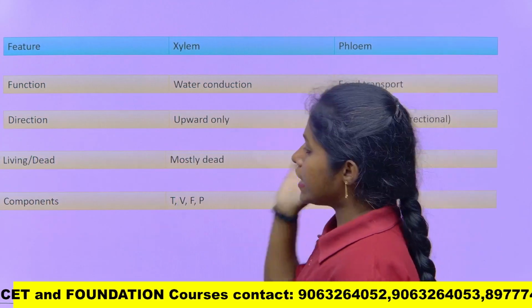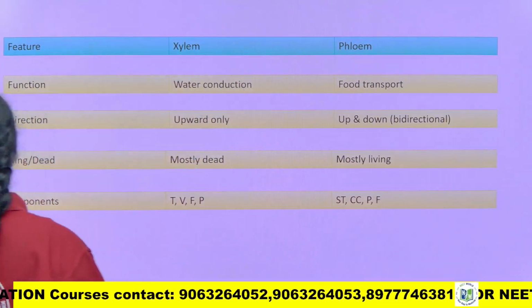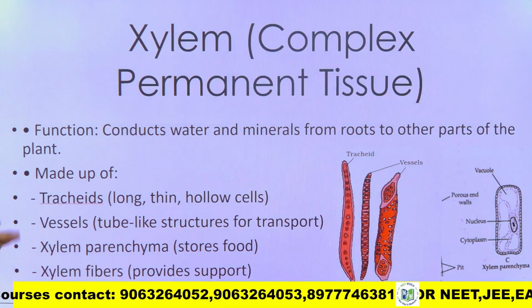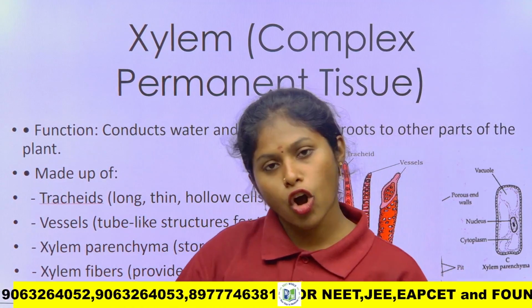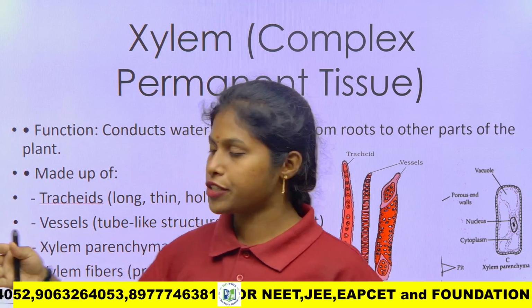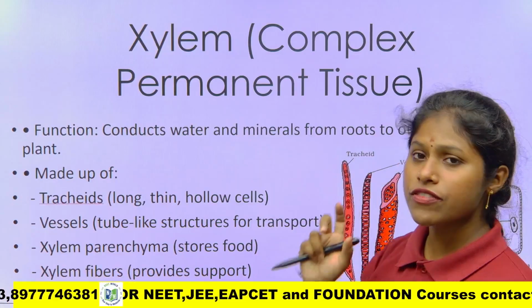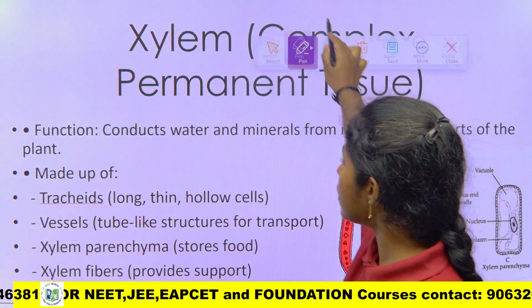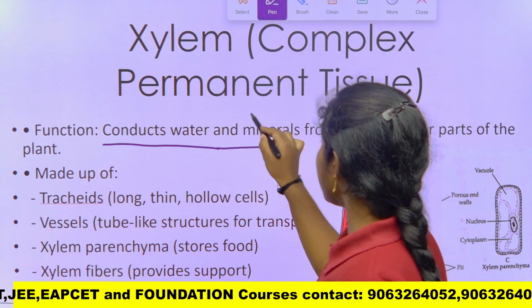So, let us discuss the xylem, children. Is the xylem a simple permanent tissue or a complex permanent tissue? It is a complex permanent tissue. They are made up of many kinds of cells. What is the function of the xylem, children? It conducts water, that is, transport of water and also minerals, the inorganic solvents.